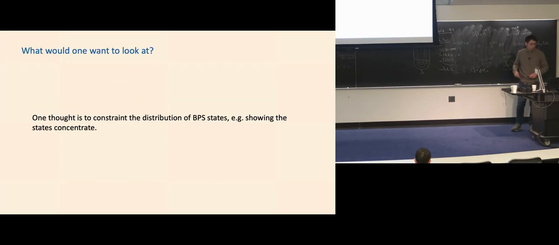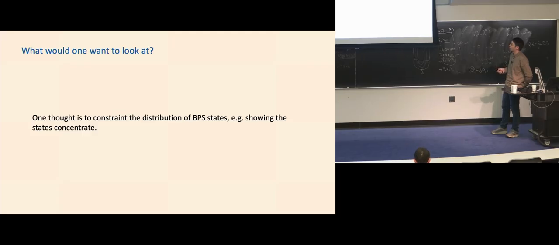Good. Now, a question that immediately arises is what would you want to look at in such a bootstrap? Imagine you can do this, what would you want to compute? There are various thoughts, but one very concrete idea is to try to use the bootstrap to constrain the distribution of BPS states.